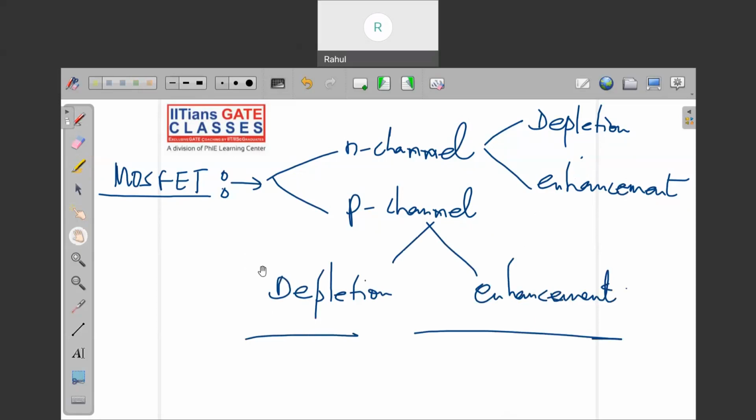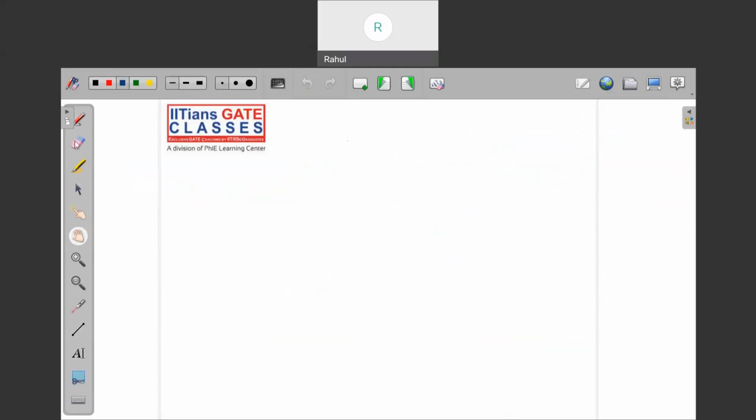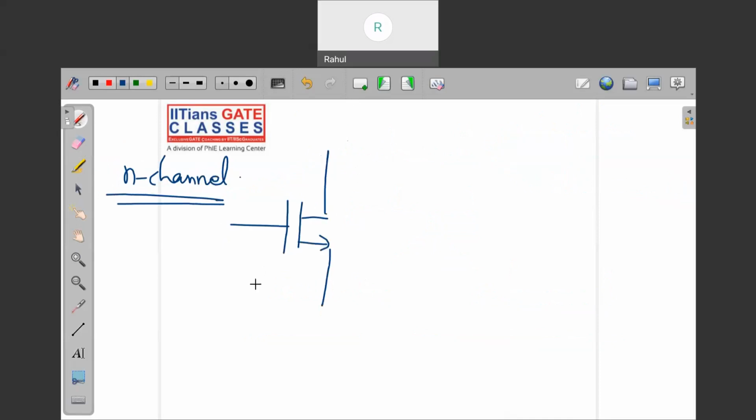So the MOSFET is basically of two kinds. It will have three terminals as well, just like the bipolar junction transistor. So we will directly draw the N-channel MOSFET, and we will not discuss the depletion kind of MOSFET.